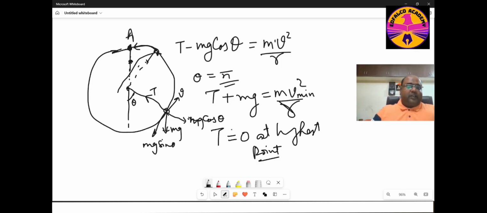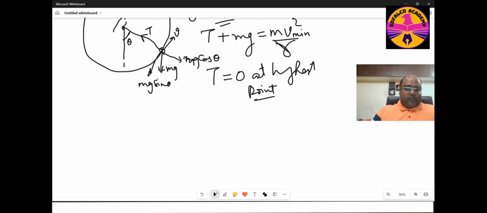So that's where I'm putting T equal to 0 to find the critical minimum speed that is possible at A. So here I will put T equal to 0. Now in this case, you can see that mg will become equal to mv square by r. Now v minimum is the v critical, because even with v minimum I was having some tension if I had given sufficient tension.